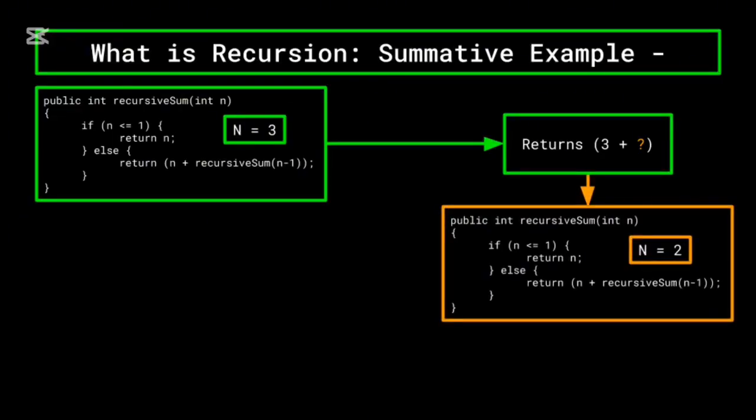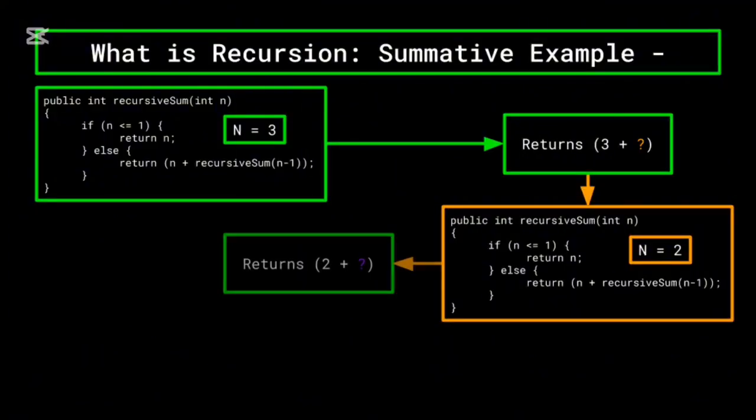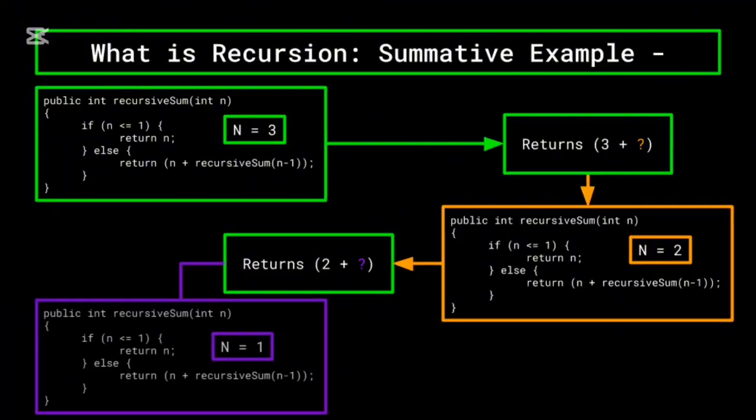Again, n is not less than or equal to 1, and so this function will go through the else statement and return 2 plus another recursive statement, in this case the returning value of recursive sum with an n of 1. So once again, we have to go through the recursive sum function to get that value that will be added to 2, and then returned and added to 3, and then returned.